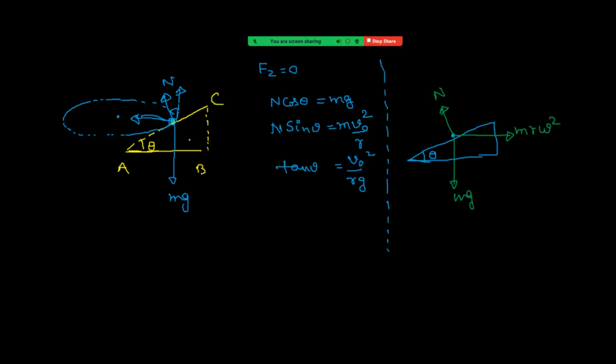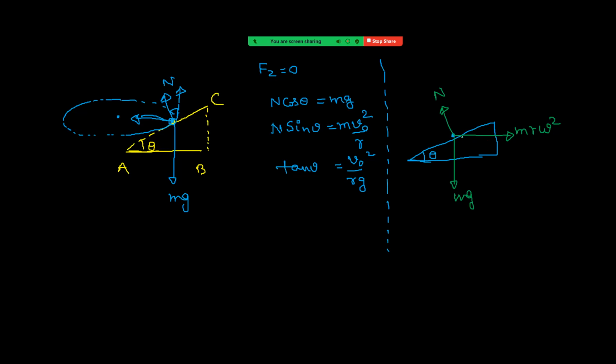If you observe in the ground frame, there are only two forces, normal reaction and gravitational force. But here, apart from those two, there is one extra force, the pseudo force known as the centrifugal force, which is away from the center, right? Because the center is somewhere here, since the path is a circle like this.